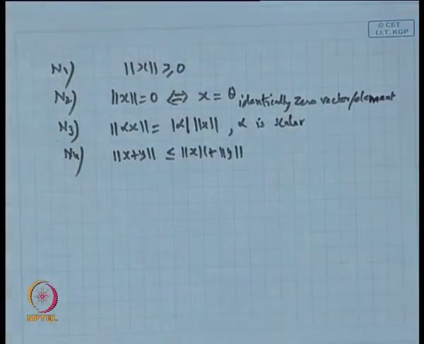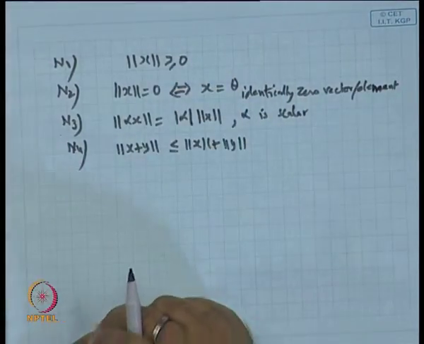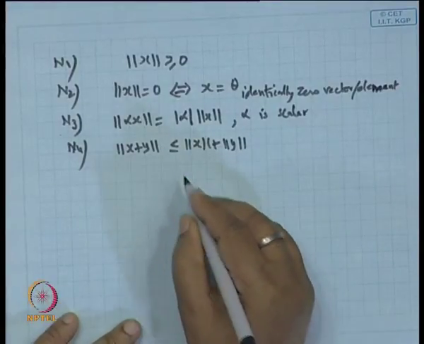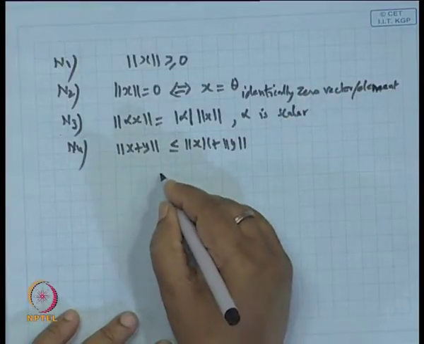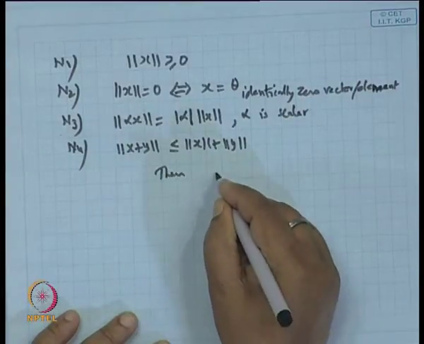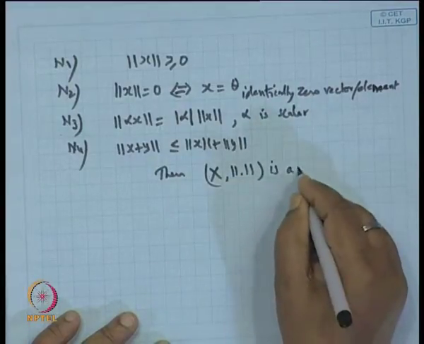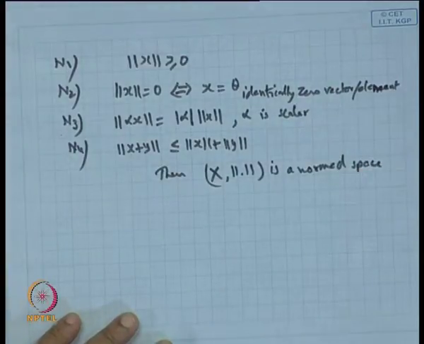So, if these four properties are satisfied, then we say X with the norm is a normed space.